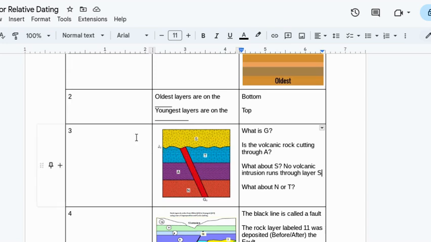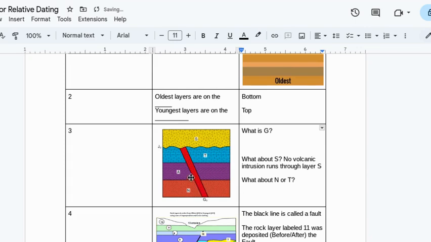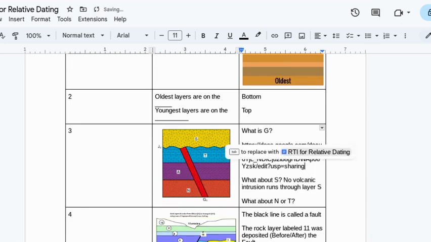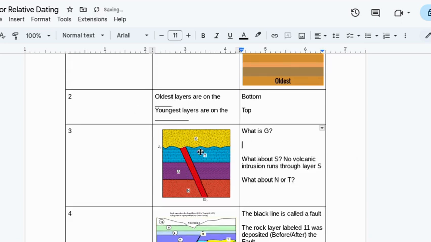Does the volcanic intrusion run through layer A? Well, A is this boundary line, so we're going to leave A alone. Let's change this, and let's just get rid of this part right here. Does this volcanic intrusion... Oh, duh, A was right there. So does this volcanic intrusion run through A? Yes.